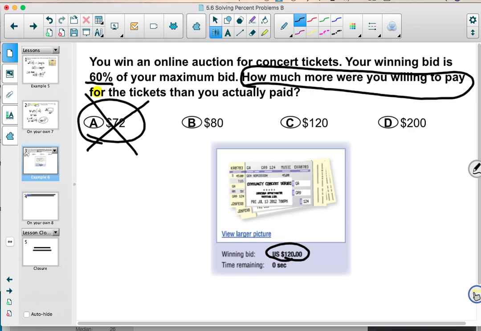And that is 60% of what I was willing to pay, my maximum. Sixty percent of my maximum is 120.